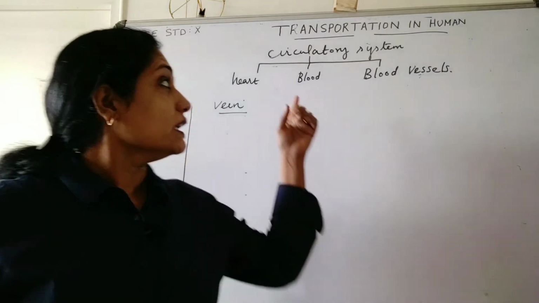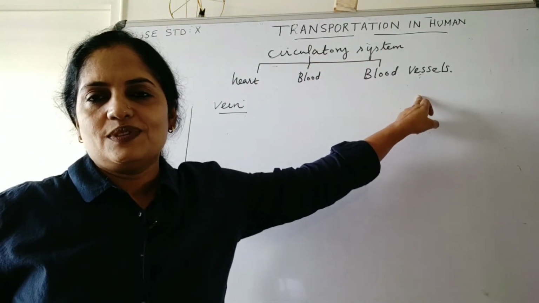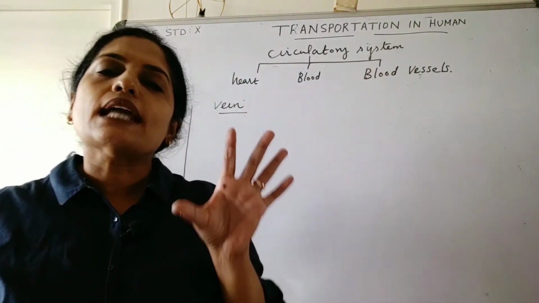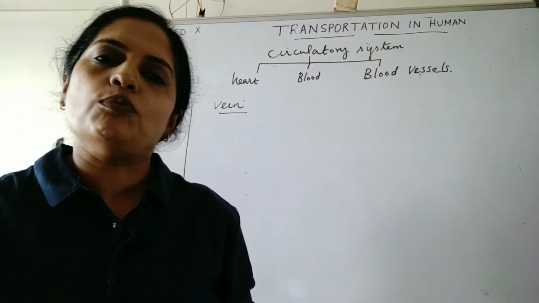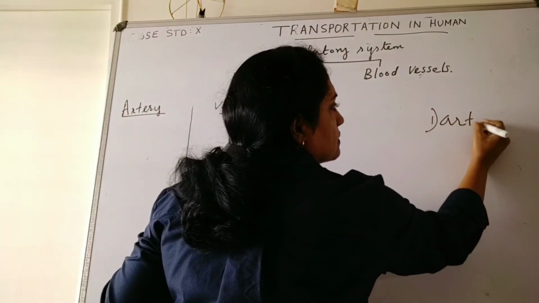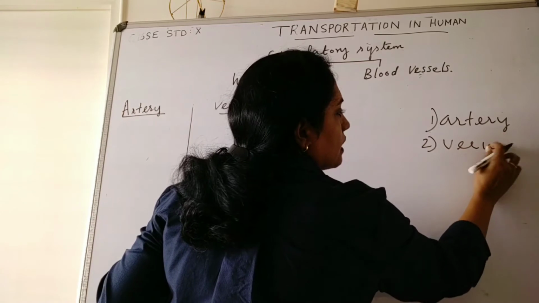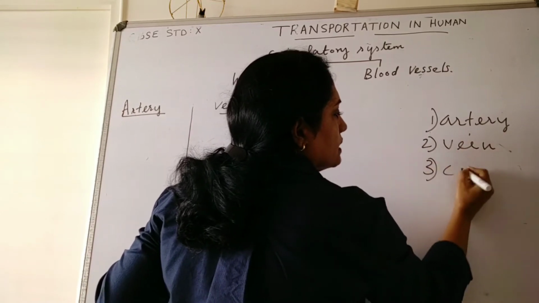The third component in our circulatory system is blood vessels. There are 3 types of blood vessels in our body. Which are they? Arteries, veins and capillaries.